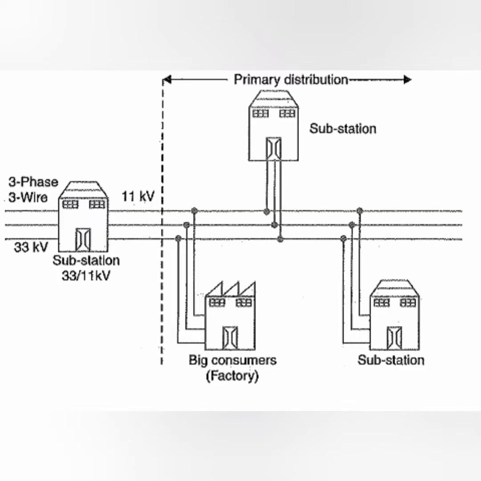So it is your primary distribution board, which steps down to 11 kV, and then the 11 kV moves to another substation or bigger consumers like industries. Then that 11 kV will be stepped down to 6.6, 3.3, 1.1 kV or even lower voltages, and then it will be used for your consumers.